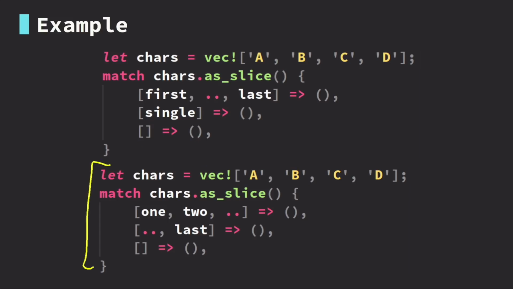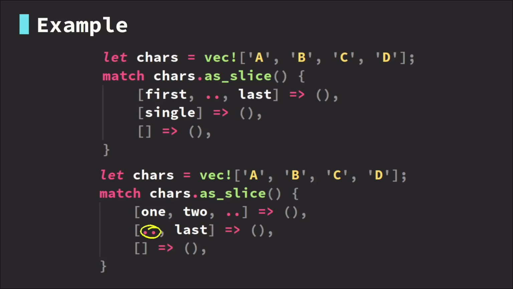On the second example here, with the first match arm, we're matching the first two elements and then ignoring any other elements. Remember, when we have the two dots, it can match 0 or more elements. So this first arm will match 2 or more elements. On the second match arm, we're matching 0 or more elements, and then we want to grab the last element in the slice.